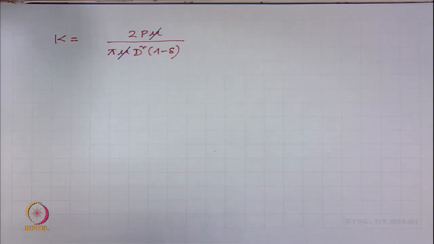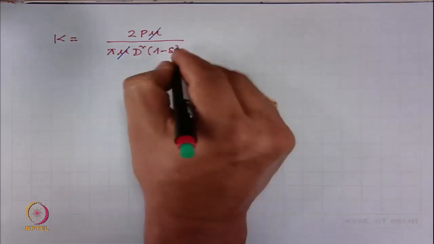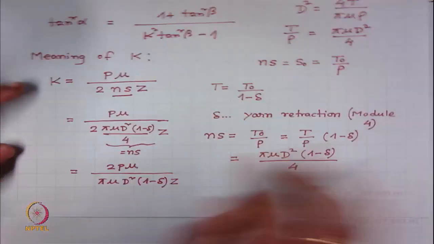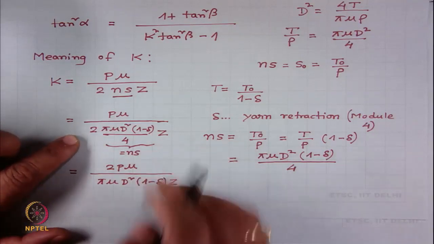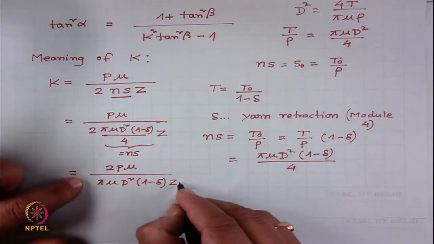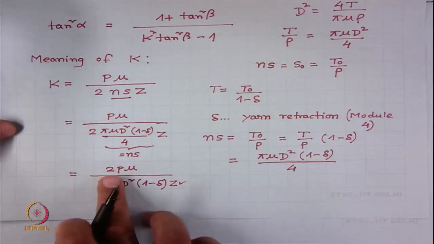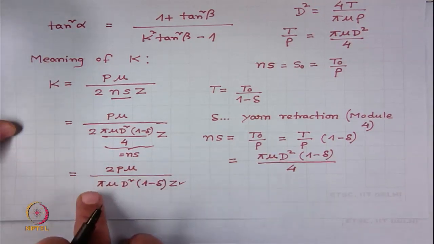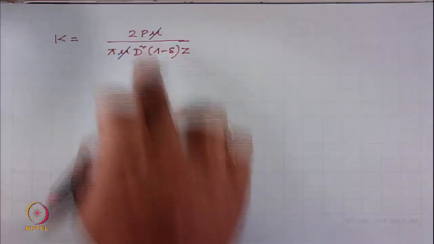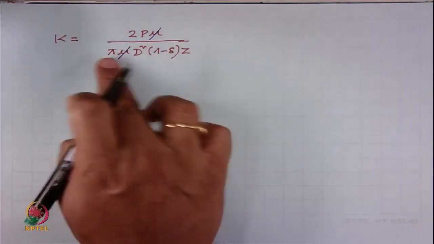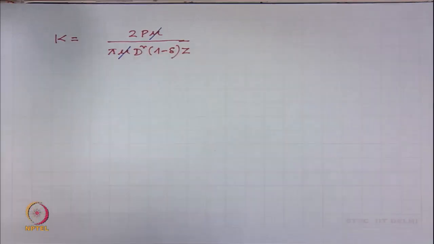Z must be here. This Z was missing from here, so this Z must be here. So, 2 p mu over pi mu d square 1 minus retraction into Z.